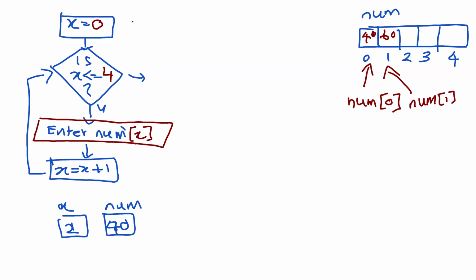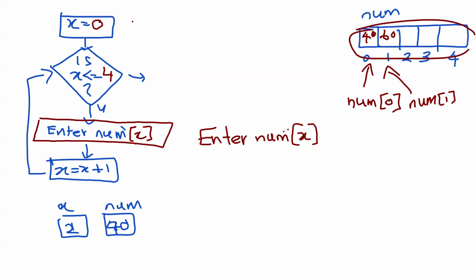Yes. And how to write the pseudocode? Normal mode. The only thing is when you write enter, you write the variable name and your index representation, because you have used x to represent your index value. So you have started your x with 0 and the ending value is the number of elements minus 1.